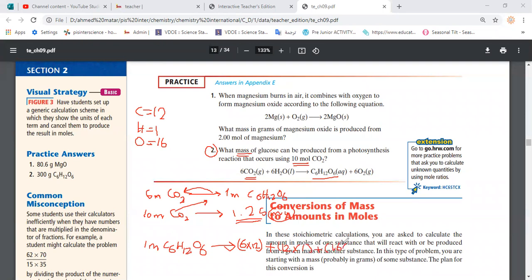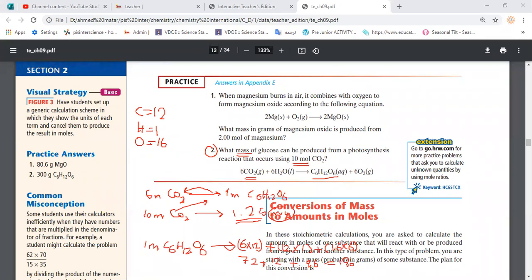So how much is it? Actually, that's 72 plus 12 plus 96. So overall, it's 180.